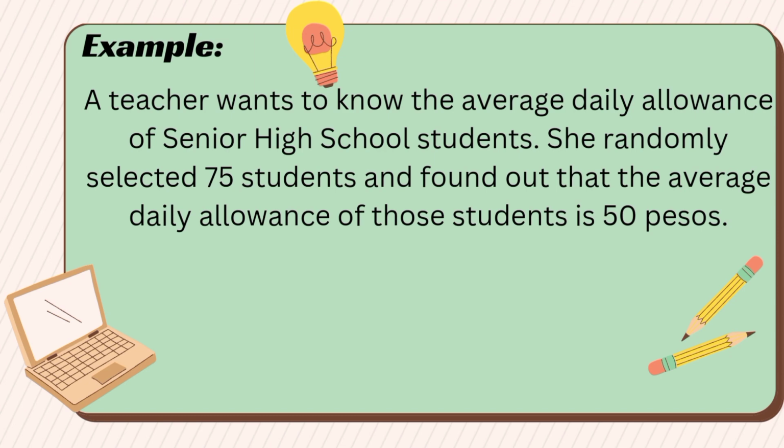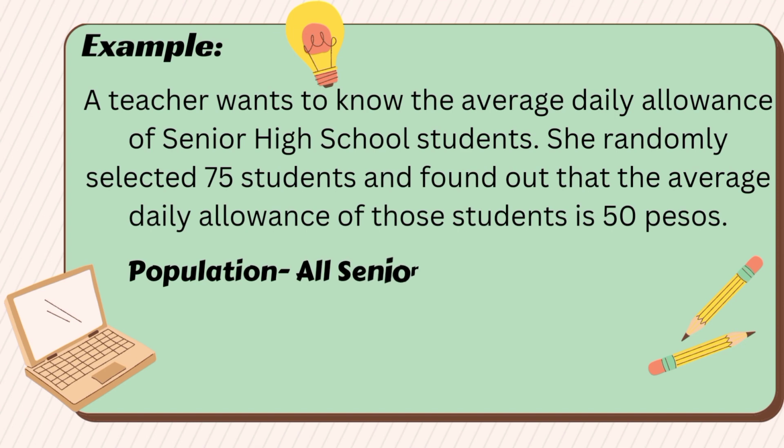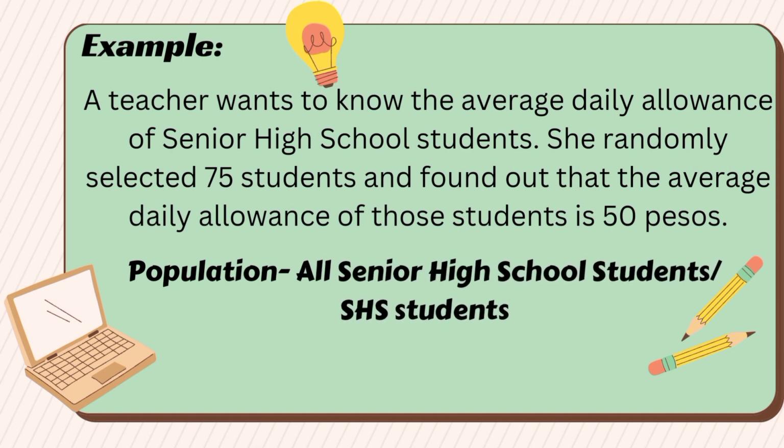First, we identify the population. Since the study is being conducted on senior high school students, our population is all senior high school students. Next, we identify the parameter. How can we identify the parameter? A parameter describes a characteristic of a population, right?